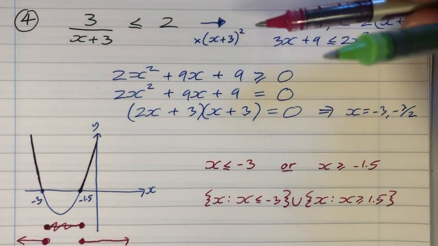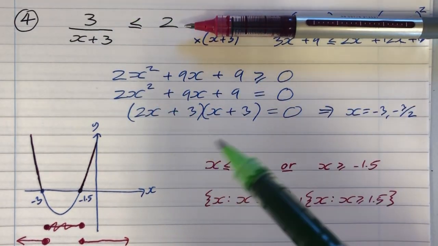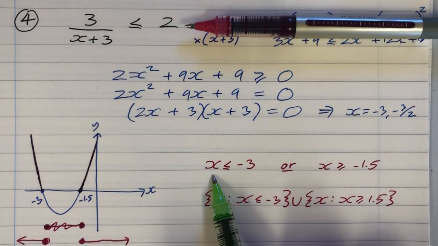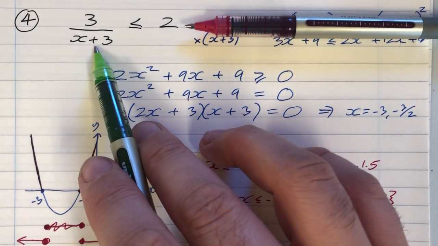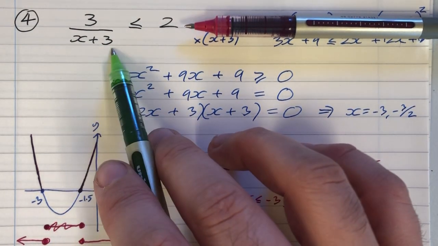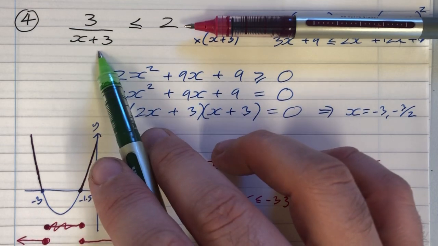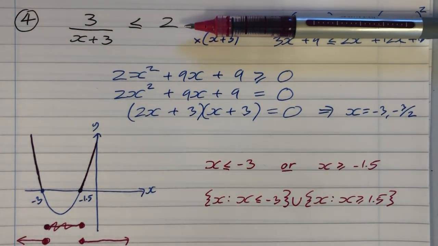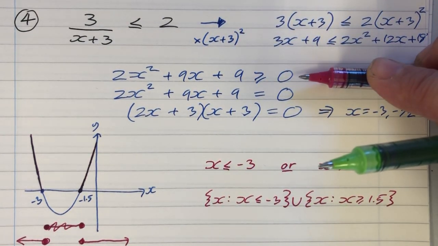Now, if I go back to this inequality up here, if I plug in x equals minus 3, the denominator over here would be 0. And that's an issue because 3 divided by 0 is not less than 2, or less than or equal to 2. So actually, although x equals minus 3 was a solution to this inequality, it is not a solution to this inequality.